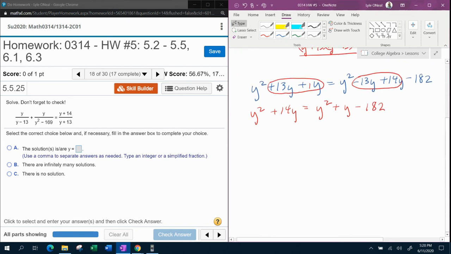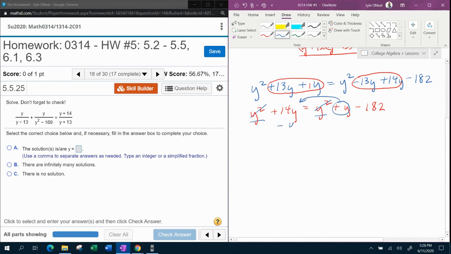And then I'm going to notice that since I have y squared on both sides, if I were to minus y squared from both sides, those would cancel. So my y squareds are going to disappear. I'm going to bring my plus y over.